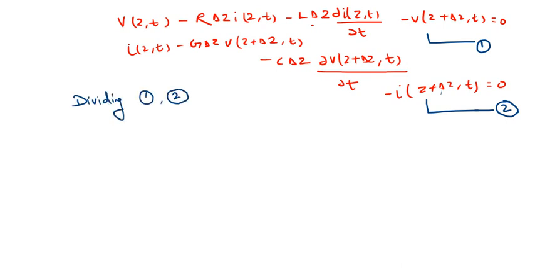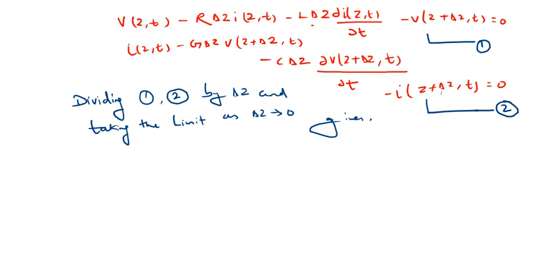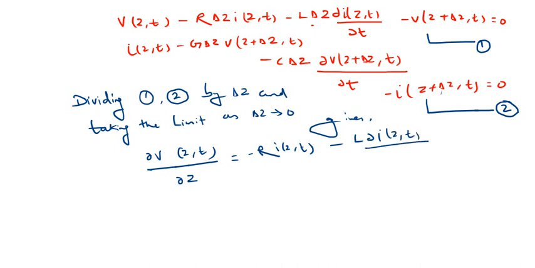Dividing first and second by delta z and taking the limit as delta z tends to 0 gives del V(z,t) divided by del z, minus R I(z,t) minus L del I(z,t) divided by del t.